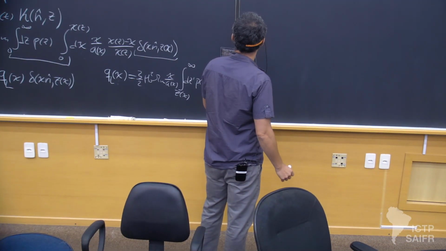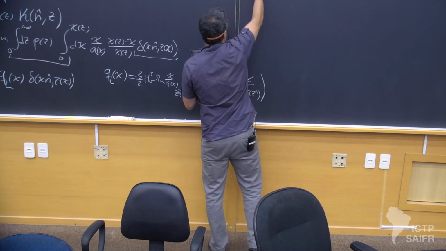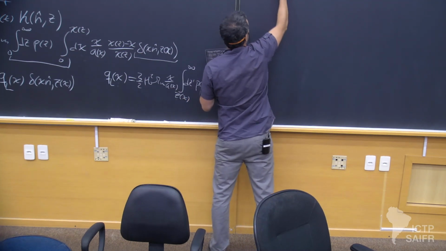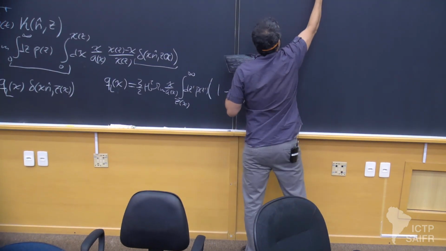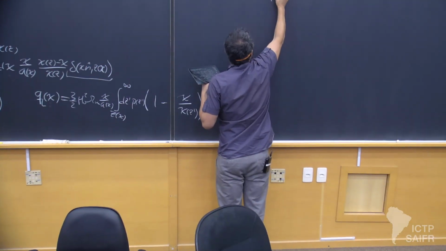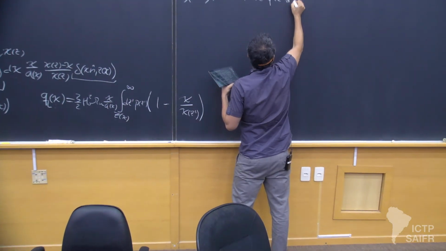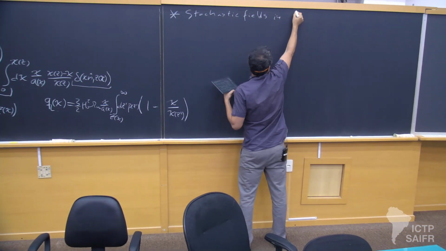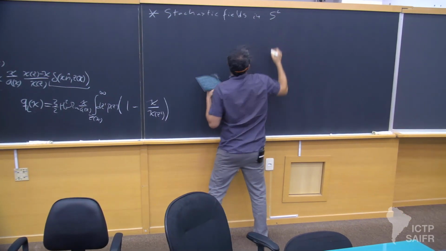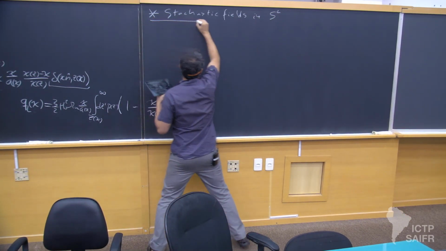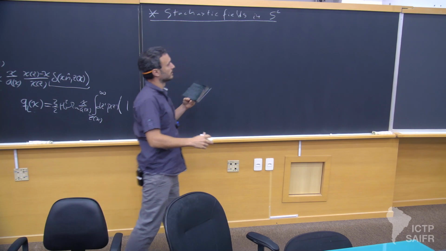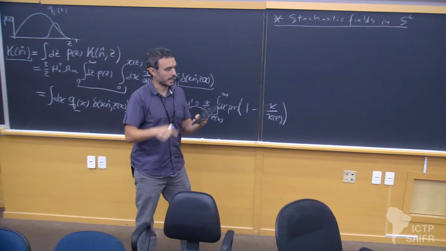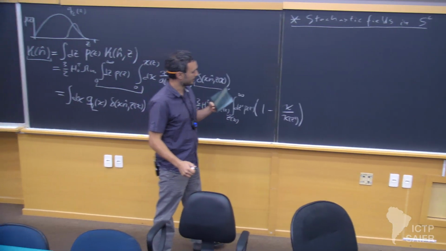So I wanted to take just a little bit of time to talk about stochastic fields on the sphere, right? In S2. I'm going to skip a lot of the stuff that I had written here, because actually Manu talked about a lot of this.